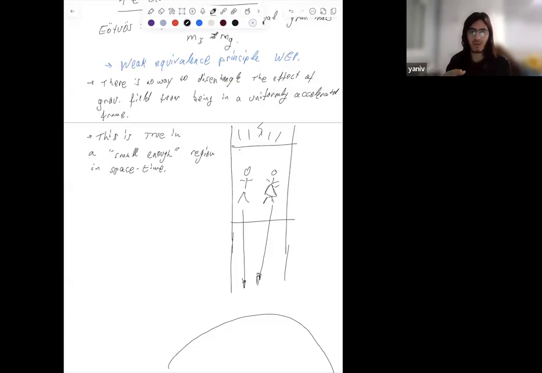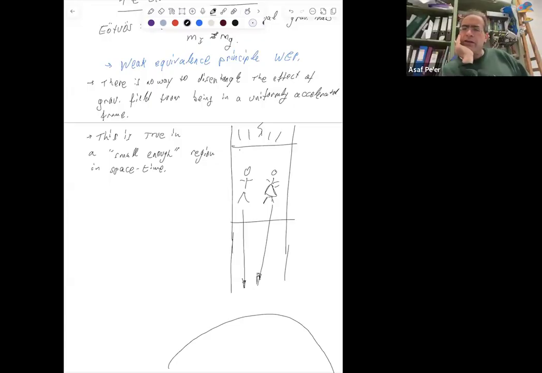When we say small, do we mean that locally we can think of it as flat?